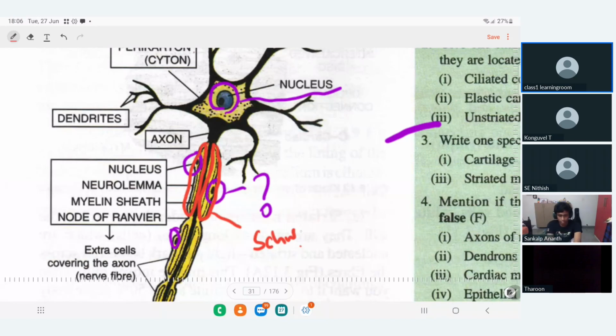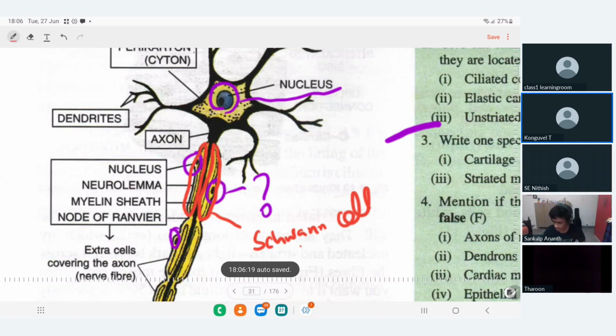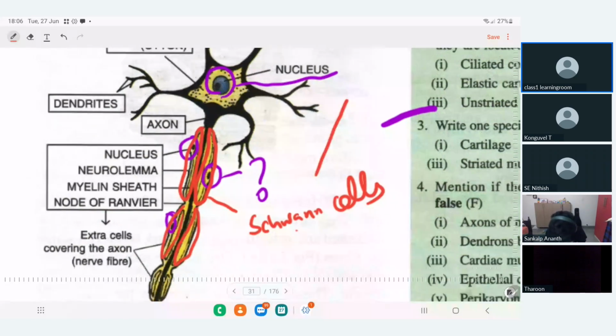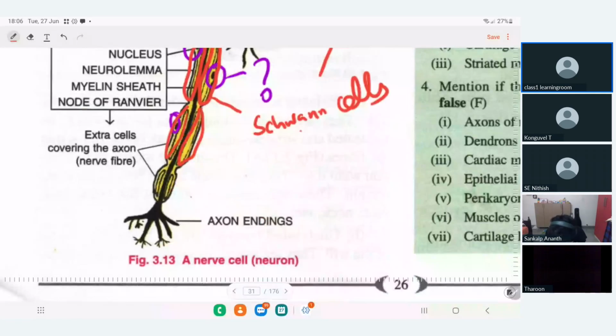Schwann cells. They surround the neuron. These cells cover the neuron, especially the axon. The axon is surrounded by extra cells called Schwann cells.